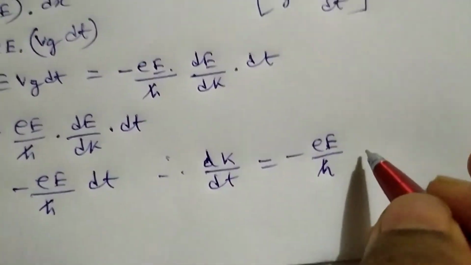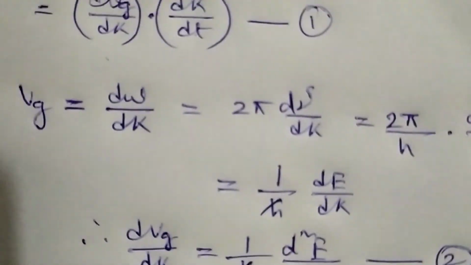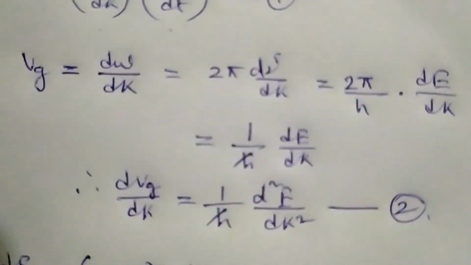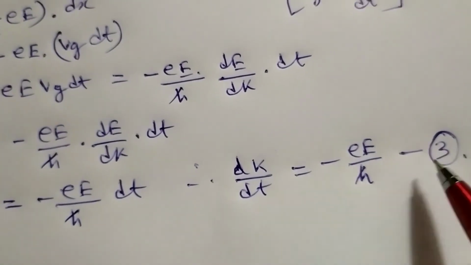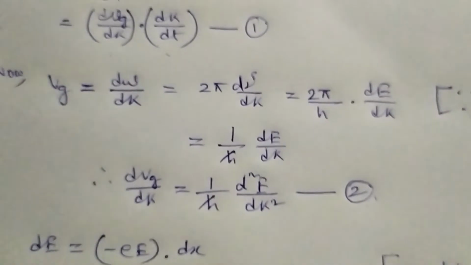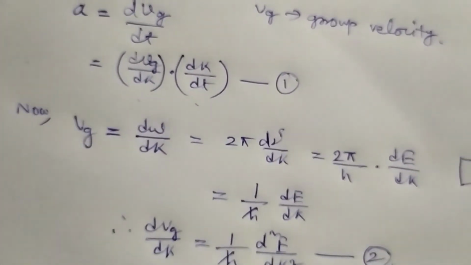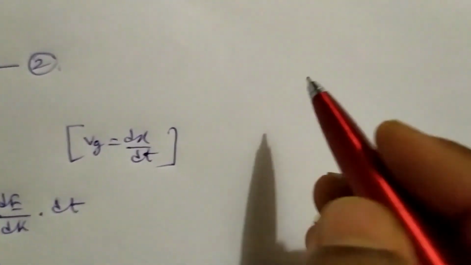Give it number 3. So what we desired, dVg/dk and dk/dt, we have obtained dVg/dk and now obtained dk/dt. So putting the values from 2 and 3 in relation 1, we can find the expression for acceleration a.